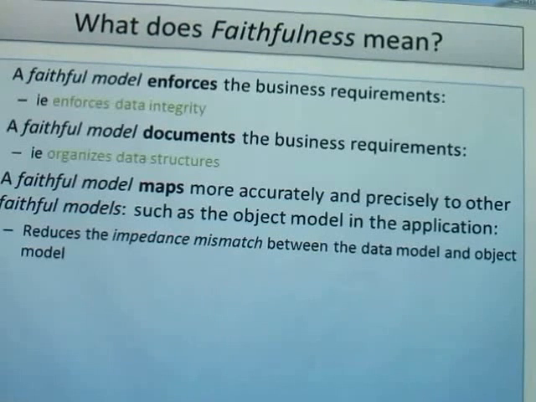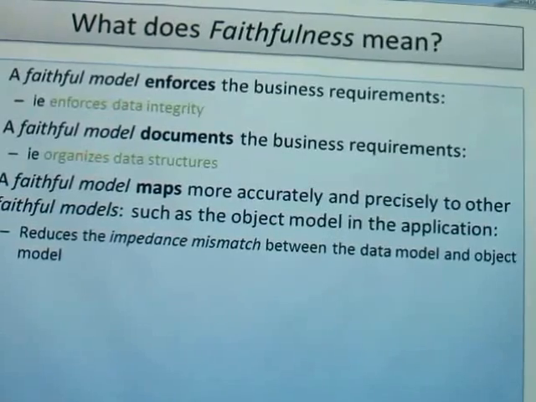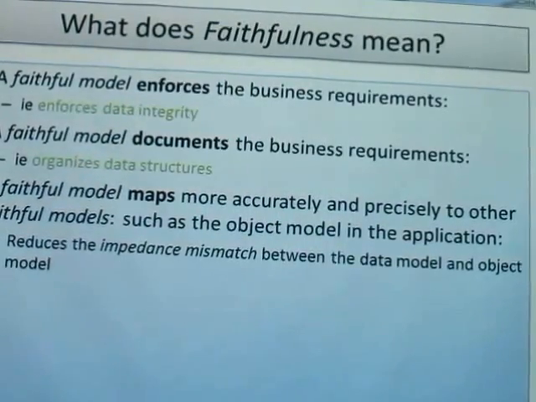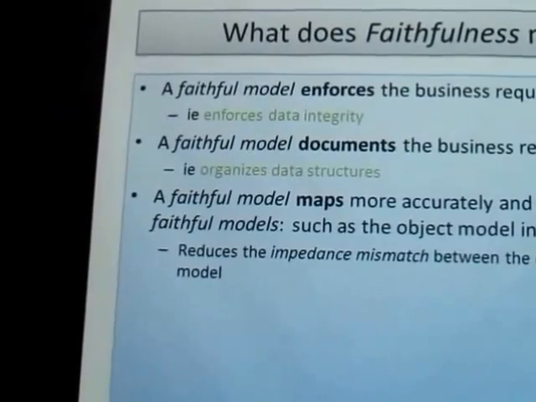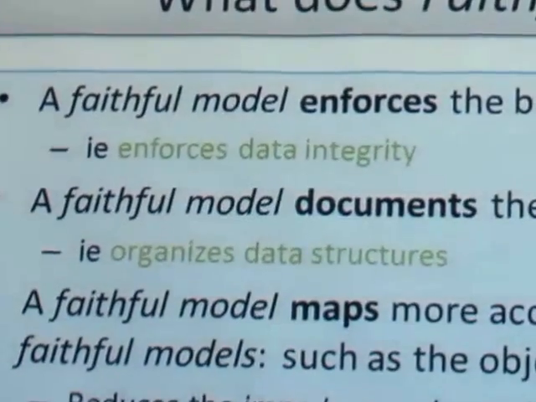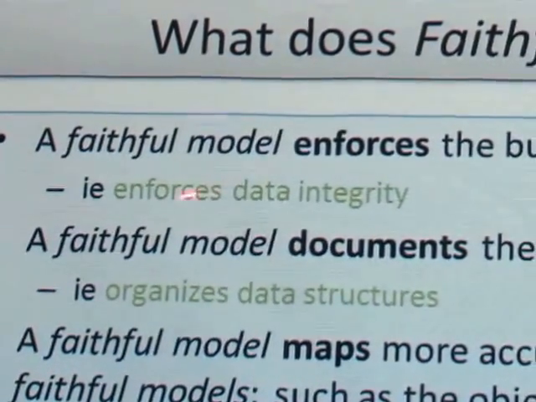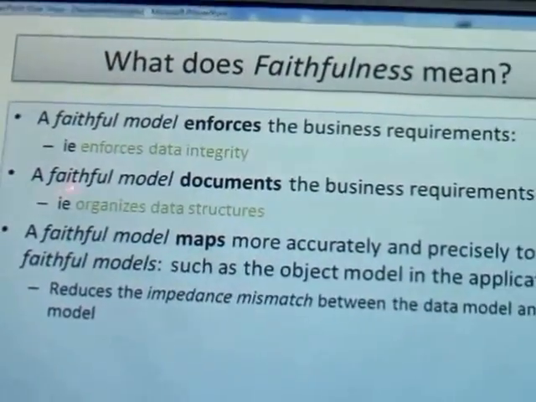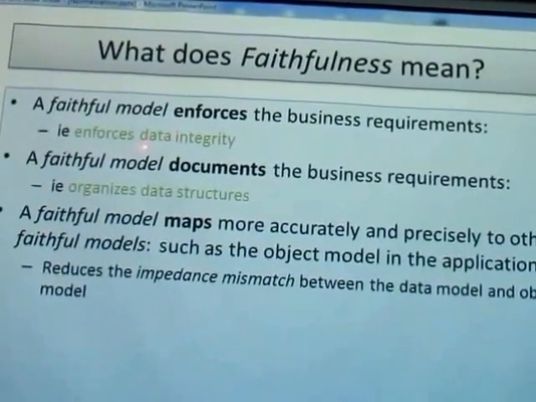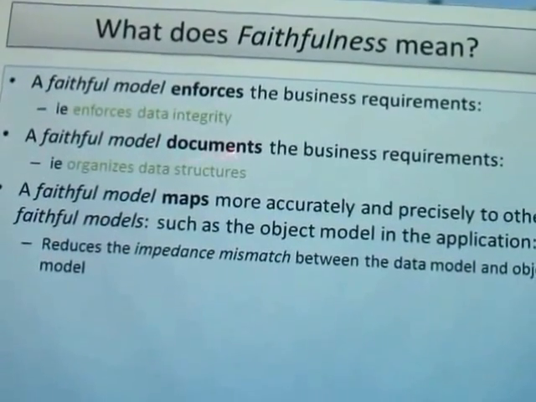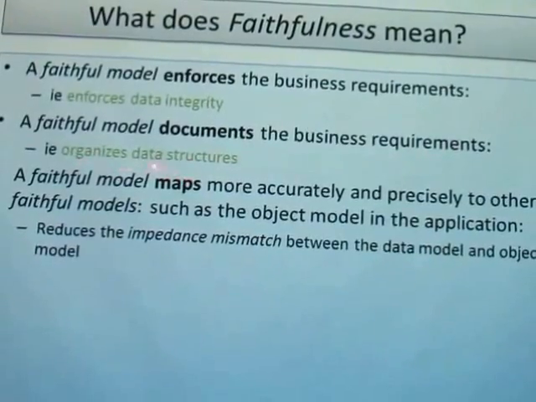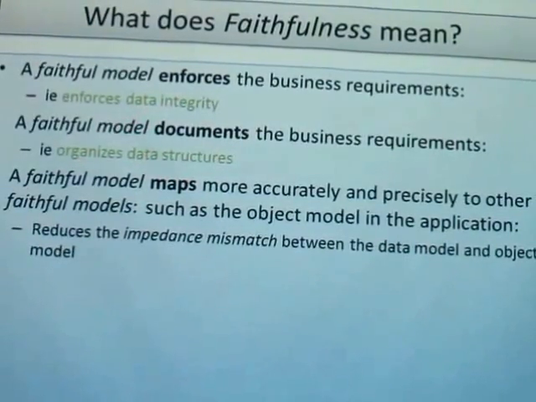So what does faithfulness mean? Well, a faithful model, and you'll see I've got some of these in green, and these are the laundry list items. But you'll see I've got other things here besides the laundry list of the common reasons to normalize. So a faithful model enforces the business requirements, and that's enforcing data integrity. A faithful model documents the business requirements, and that's organizing the data structures.